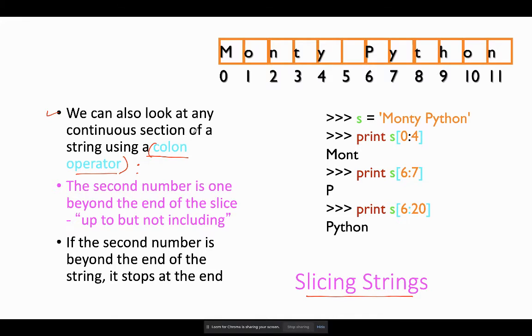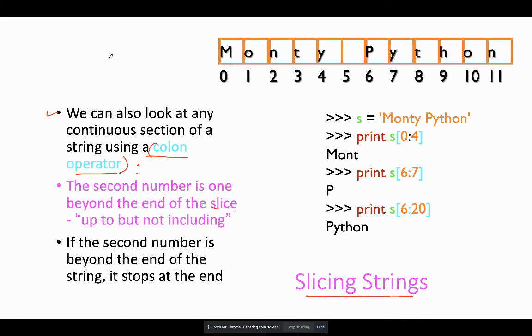Colon is an operator which is used to continuously monitor particular data. The second number is 1 beyond the end of the slicing.